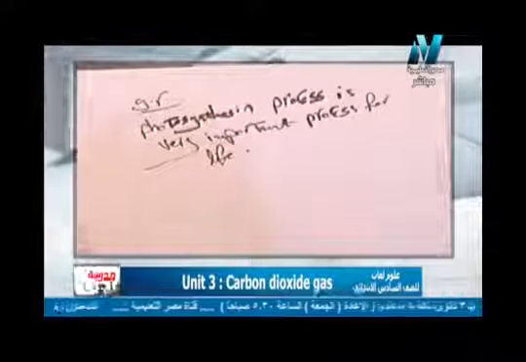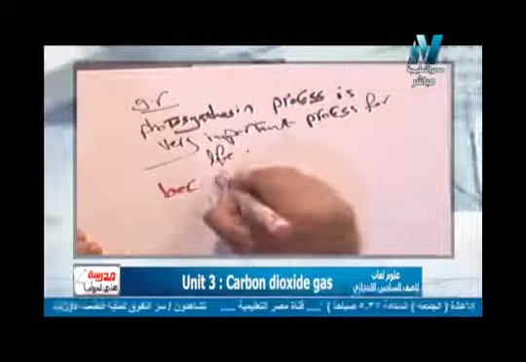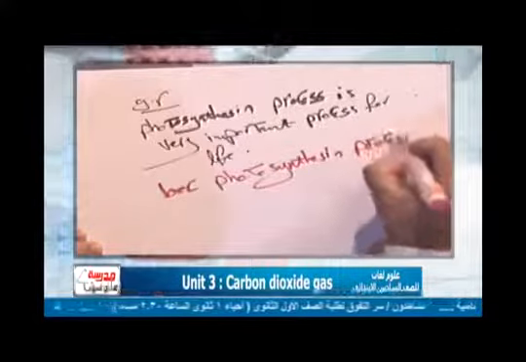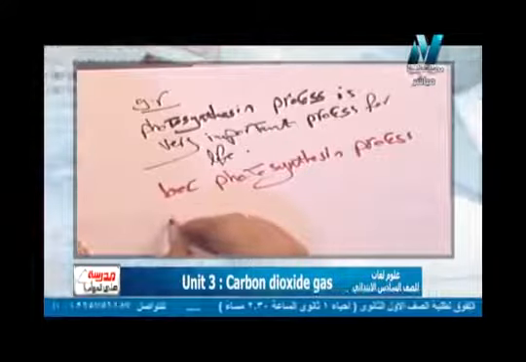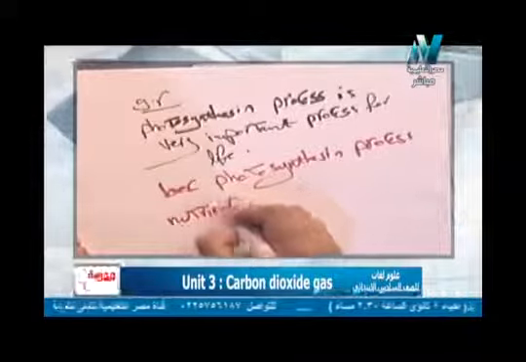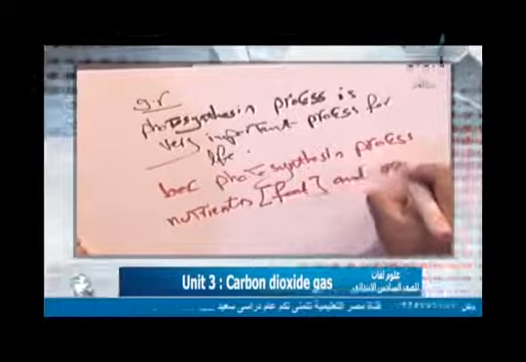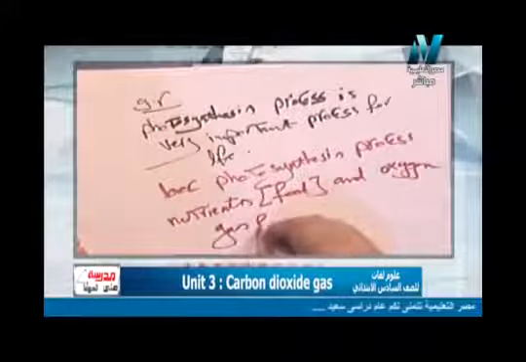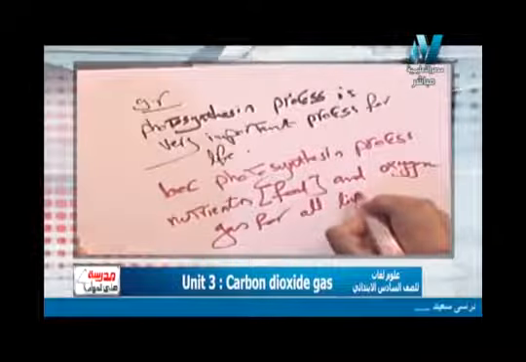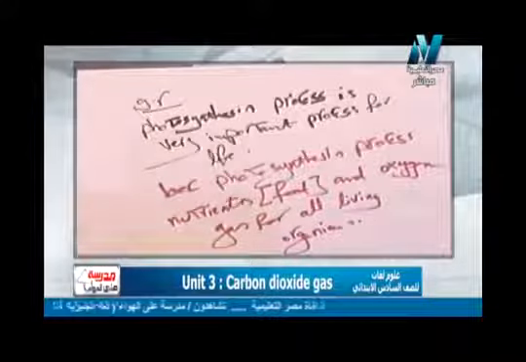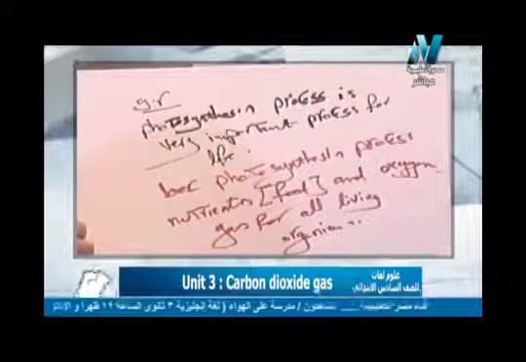Because the photosynthesis process produces two important things, which are nutrients, I can write food between brackets, and oxygen gas for all living organisms. So again, the photosynthesis process is very vital because it produces nutrients and oxygen gas for all living organisms.